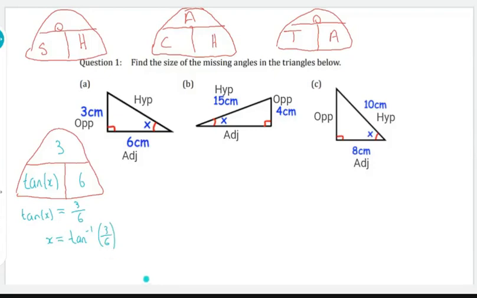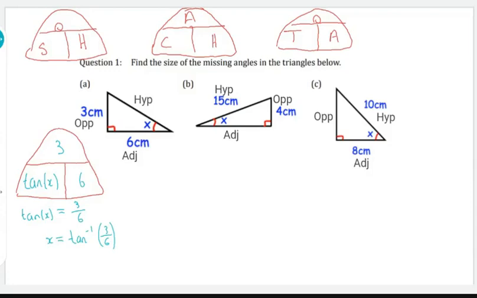On your calculator, to get access to the inverse tan function, you press shift first, or second F, depending on what calculator you have, and then you press the tan button. Let me know if you're able to get that. Yeah. And then you put 3/6 in, and then, of course, close the bracket after. Tell me what you get.